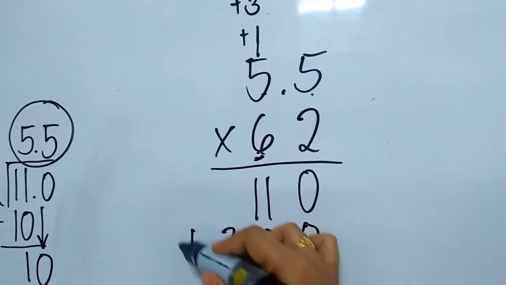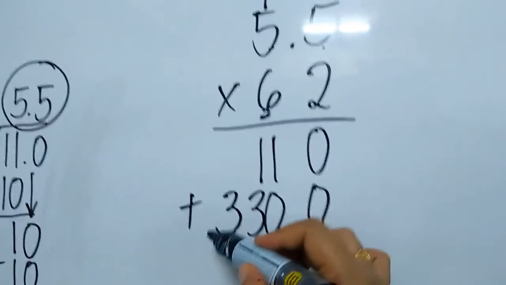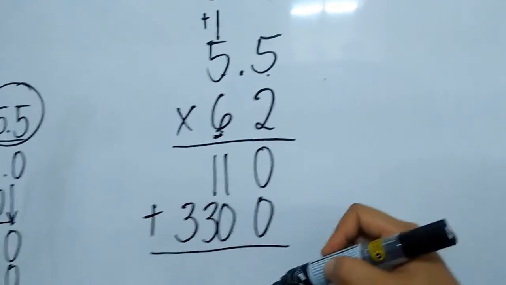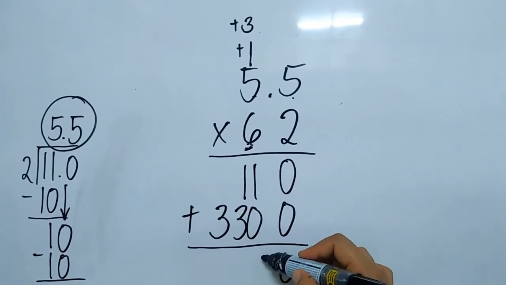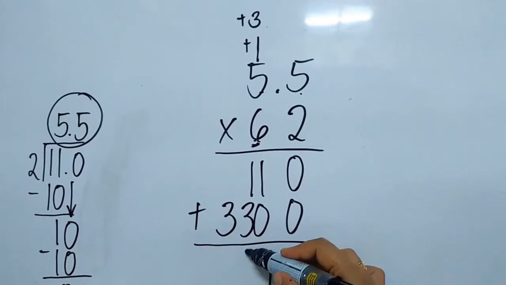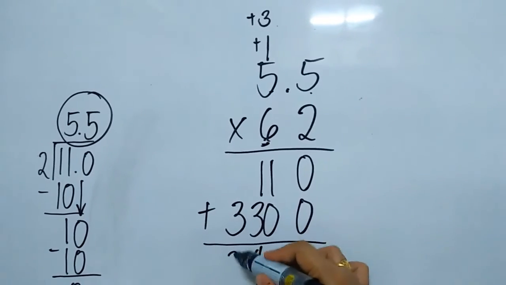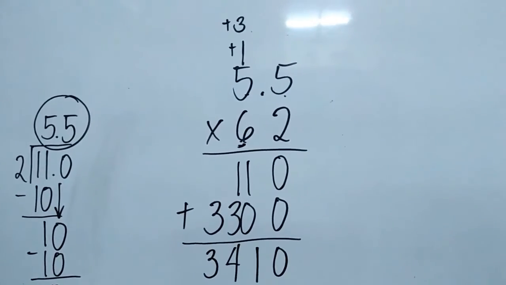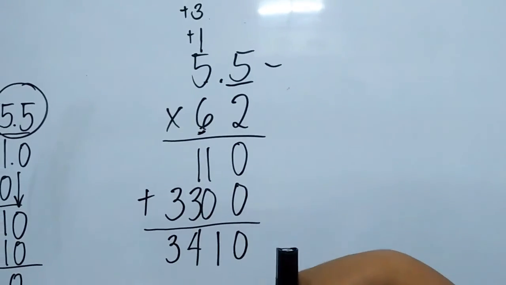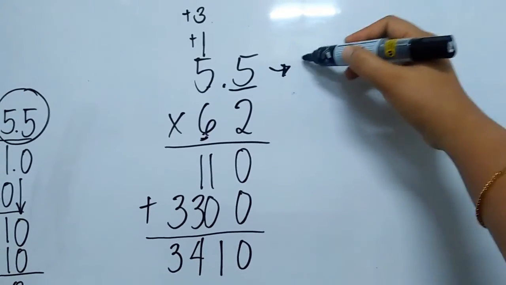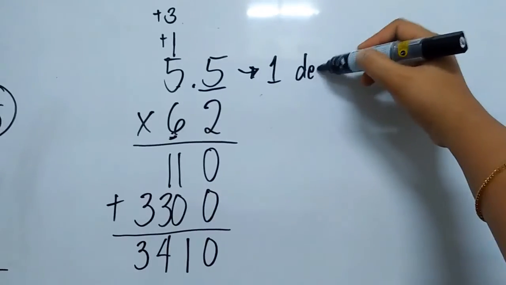5 times 6, 30 plus 3 is equal to 33. Then add the products. 0 plus 0, 0. 1 plus 0 is 1. 1 plus 3 is 4. Then just copy 3. After you get the sum of the products, count how many decimal places. We have 1 decimal place.